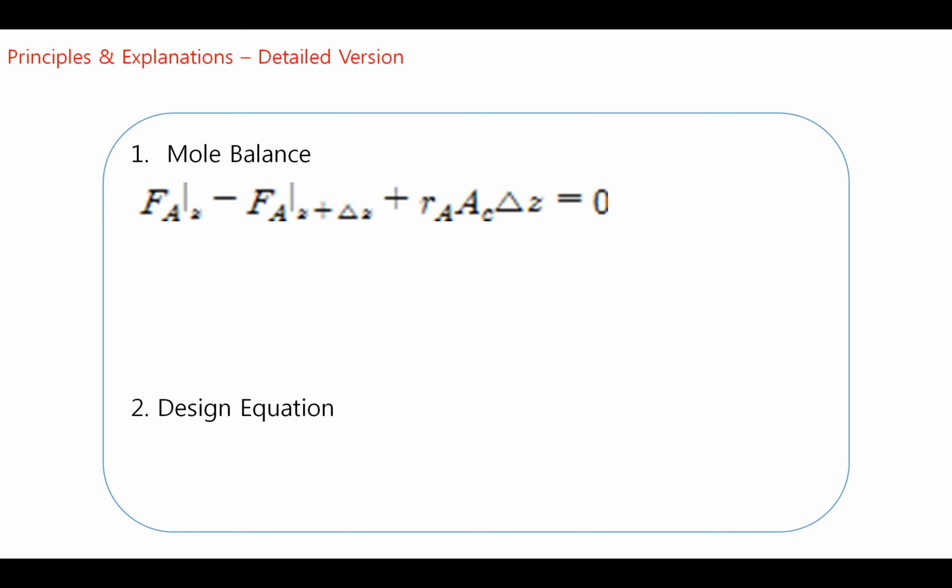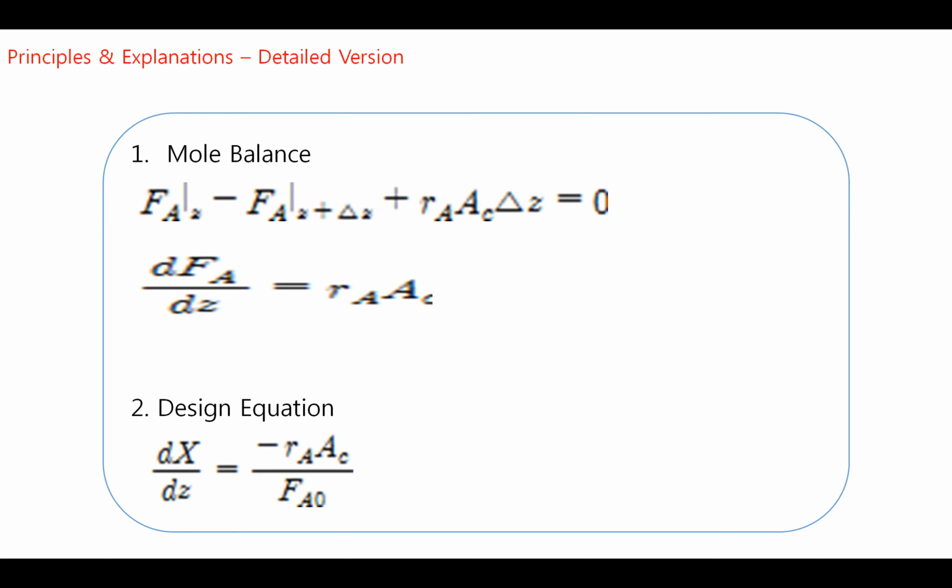And taking derivatives, we get this mole balance equation, and in terms of conversion X, we can get this design equation. It's very obvious since we have learned it in preceding chapters in this class. Right? And then, now the ratio of spherical packed bed reactor is as follows.